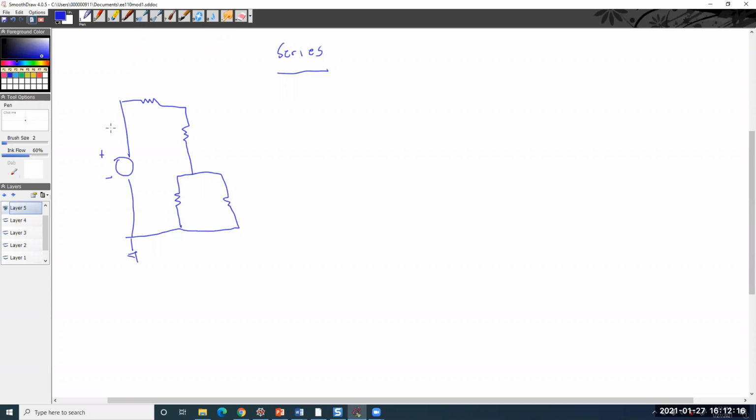And I'm just going to label that A and I'm going to label that B. And if I want to check some elements, I just imagine I'm sending some current through. And if it goes through each element with no deviations, right, it's in series, right?